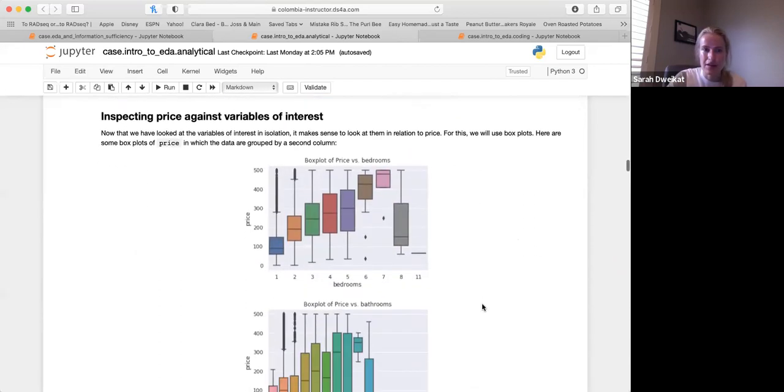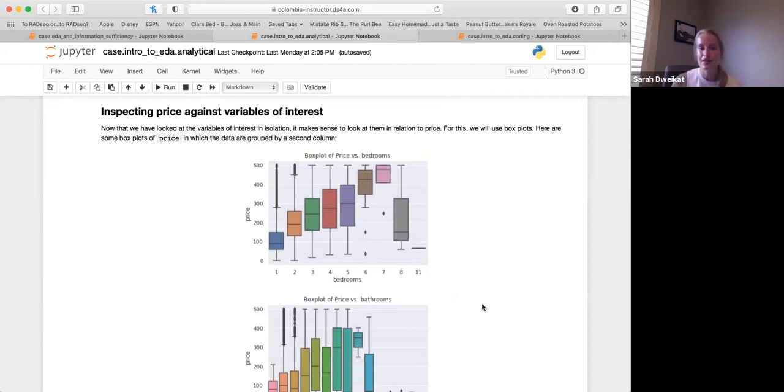Let's also think about box plots, as someone mentioned wanting to see some. Instead of making a histogram, we look at box plots in relationship to price. When we're looking for initial trends in our data, we've picked out some variables of interest to first inspect for our EDA.